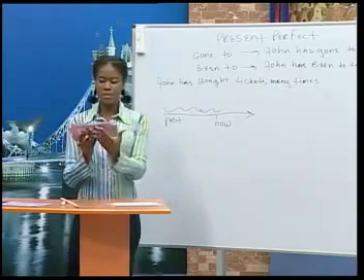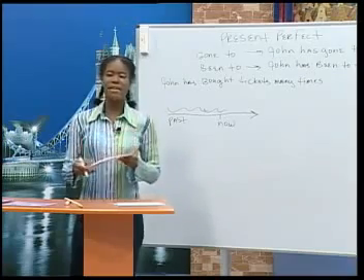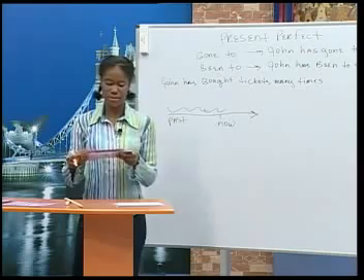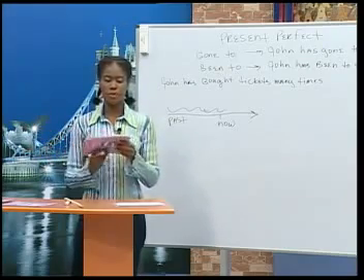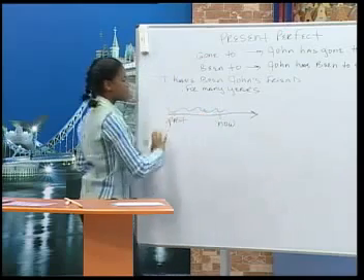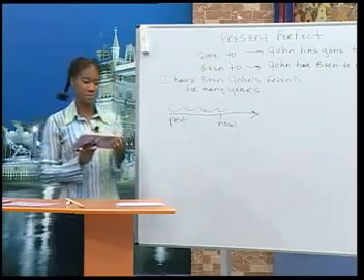Okay, so we can use the present perfect tense to describe a situation that began in the past and continues to the present. Okay, for example, I have been John's friend for many years. Okay, so starting from the past, continuing today, continuing now.